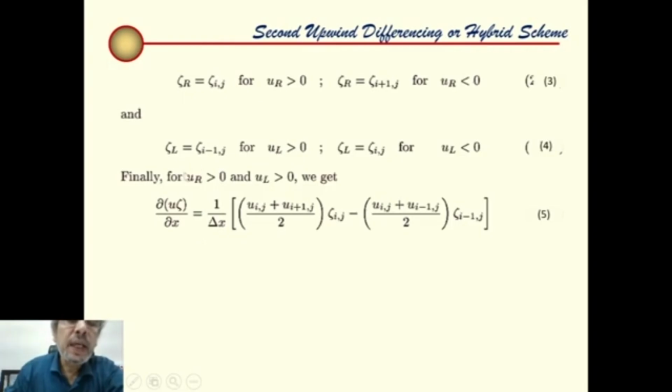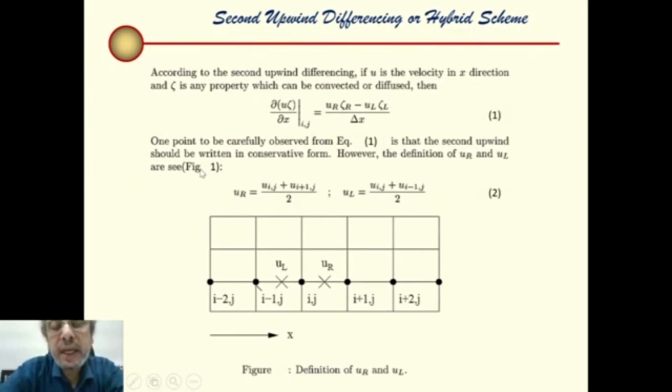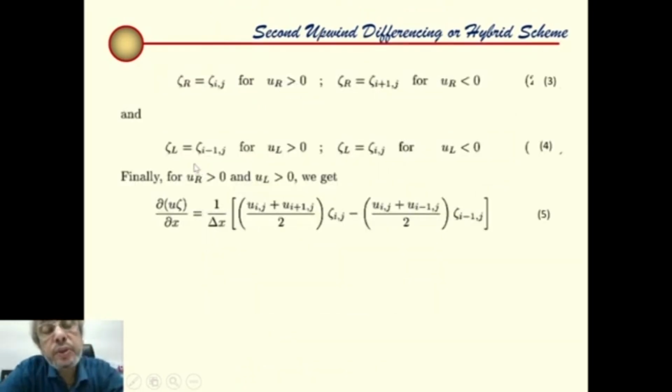So this way, whether positive or negative, we can take our own choice, and we can easily perform this exercise for u_r positive, u_r negative, u_l positive, u_l negative.